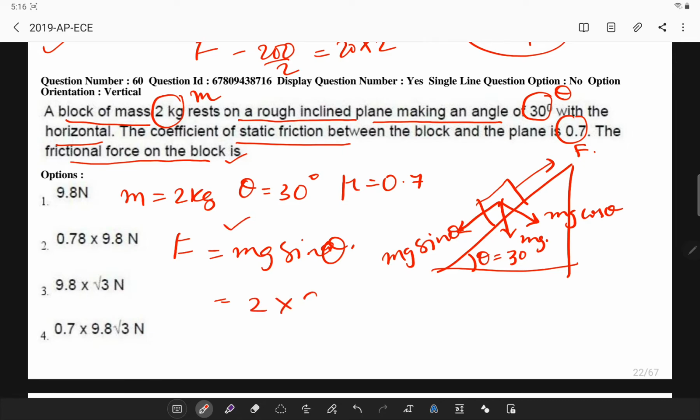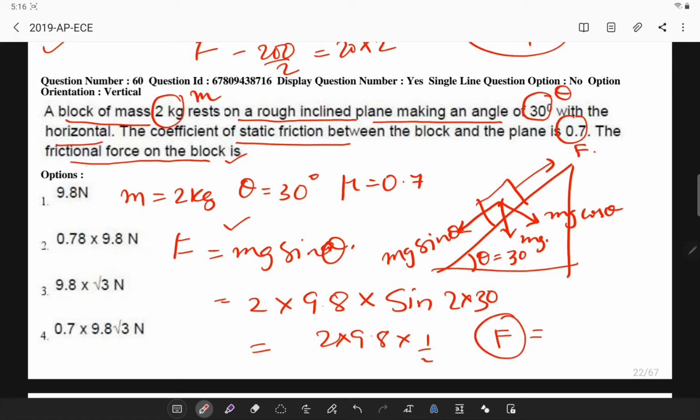So m is 2, g is 9.8, into sine 30, which is 2 into 9.8 into 1 by 2, or simply the frictional force is 9.8 Newton.